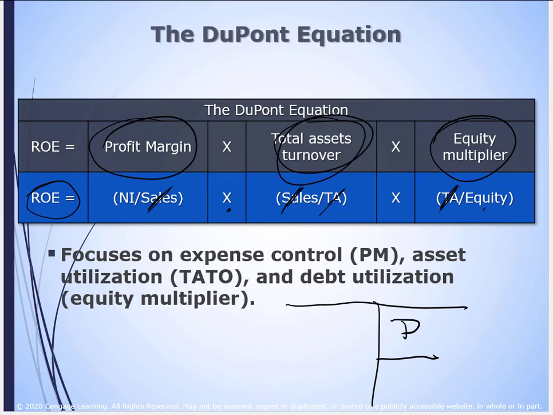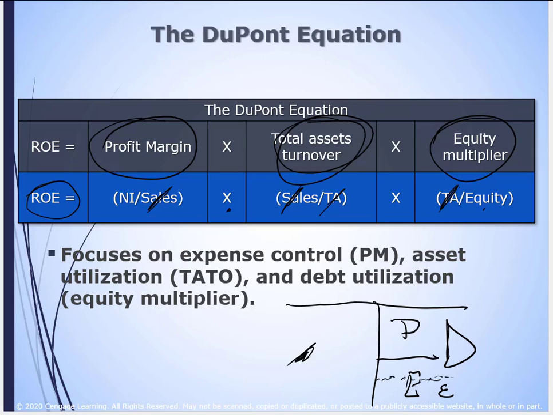We have debt and we have equity. Let's assume we're not going to change our assets. All we're going to do is borrow some money and move our debt down here, right? So now our equity is here and this is debt. So we have a lot more debt than equity.